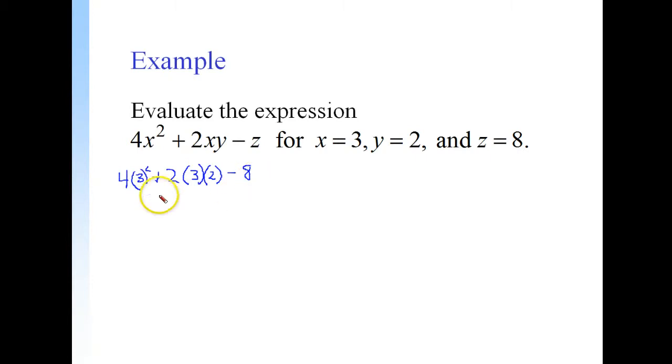So 3 squared is 9. 9 times 4 is 36. This will be 2 times 6 times 2 is 12, minus 8. So we add these two and get 48, minus 8 gives us 40.